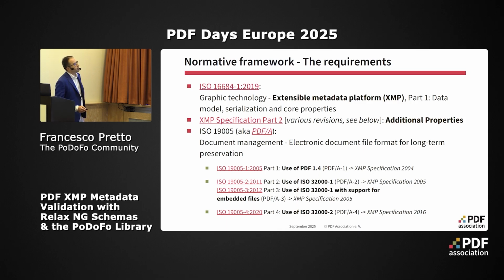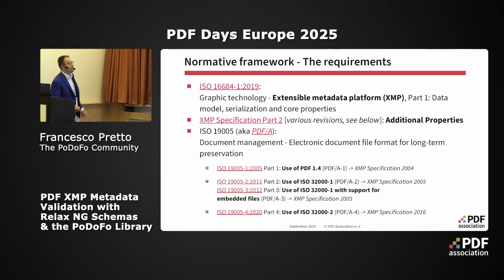And I was talking about PDF/A, which probably most of you are aware of, about archiving documents for long preservation. And the interesting thing about enlisting all the revisions of the specification is that the ISO 19005 standards are much more accurate in describing the specific revision of the XMP specification.